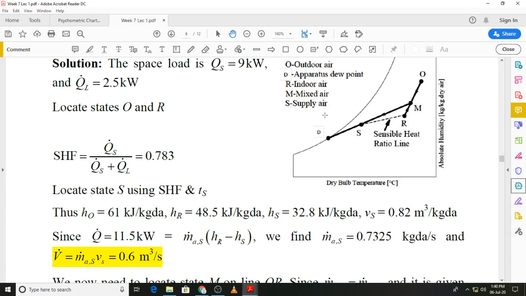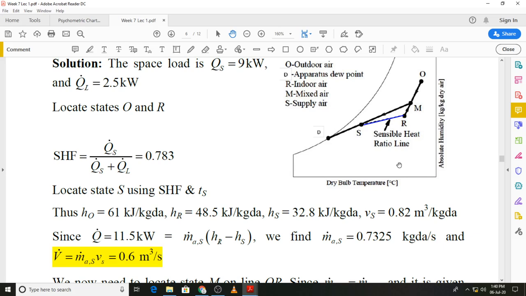That basically is for this part of the cycle in which the load causes an increase in the enthalpy from state S to state R. So we will have the enthalpy difference HR minus HS, and that will be multiplied by the mass flow rate that is supplied to the conditioned space, m dot AS.